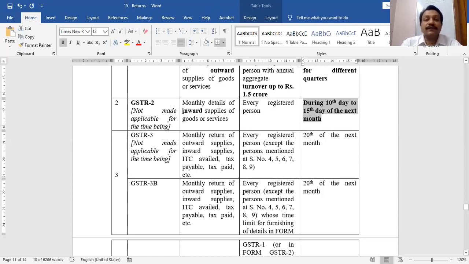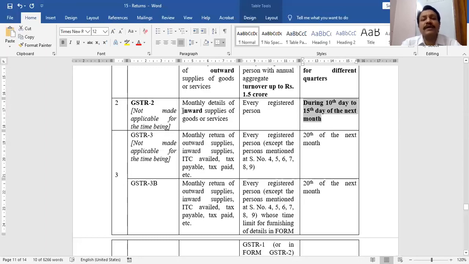In case of GSTR1, which talks about outward supply, the due date is 1st to 10th of next month. In case of inward supply, the due date is 11th to 15th of next month. But the point is, since GST is a new concept made applicable in India from 1st July 2017, till today the government has not made it mandatory.